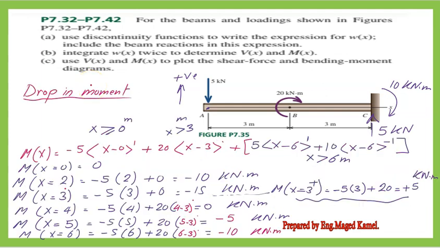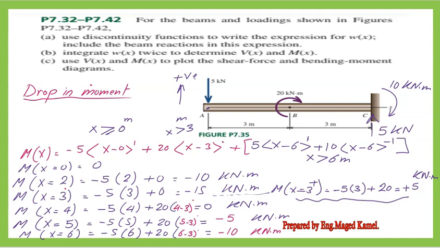We have a moment acting at x equal to 3, so we are expecting to have a drop in the moment. Now, for the expression of M of x, we have M of x equal to minus 5 multiplied by (x minus 0) raised to the power of 1. This is the moment due to the concentrated load, plus 20 multiplied by (x minus 3) raised to the power of 0.